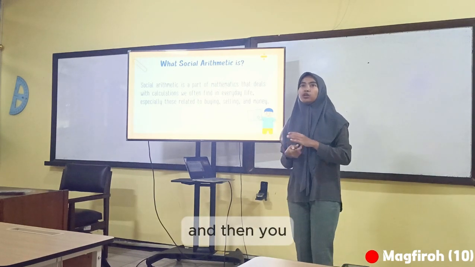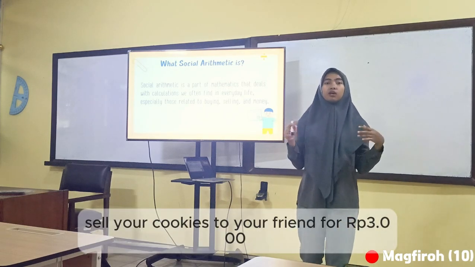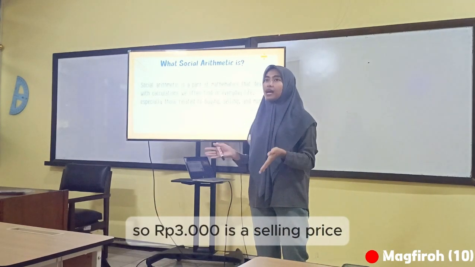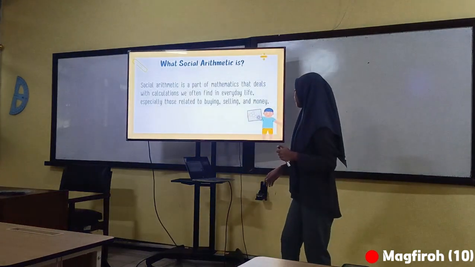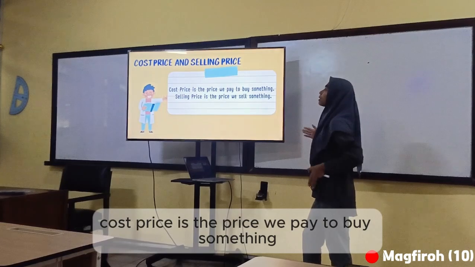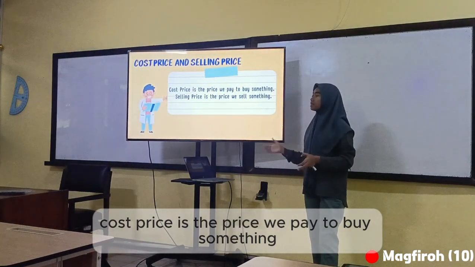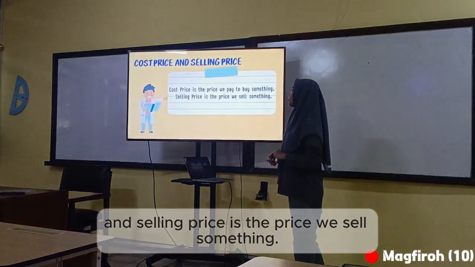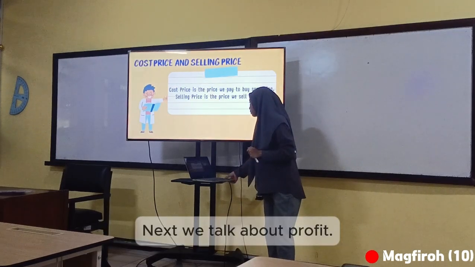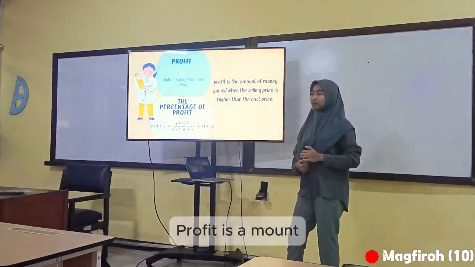And then you sell your cookie to your friend for 3,000 rupiah. So 3,000 rupiah is the selling price. So the cost price is the price we pay to buy something, and the selling price is the price we sell something for.